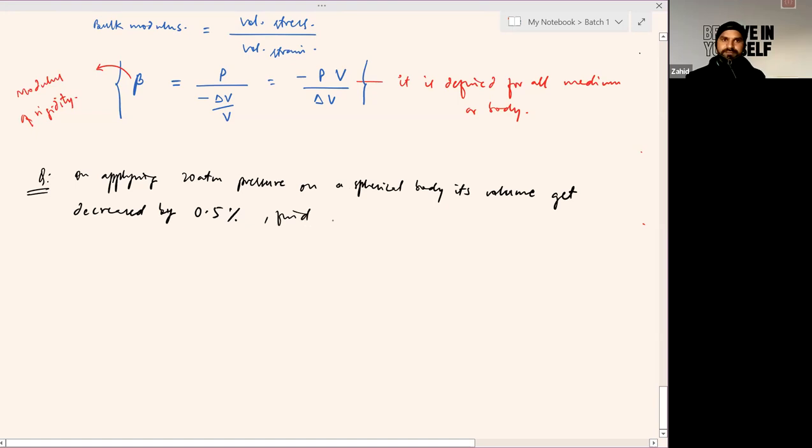Find volumetric strain and bulk modulus.